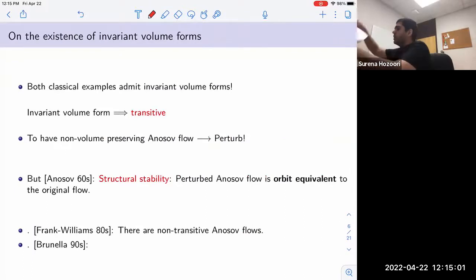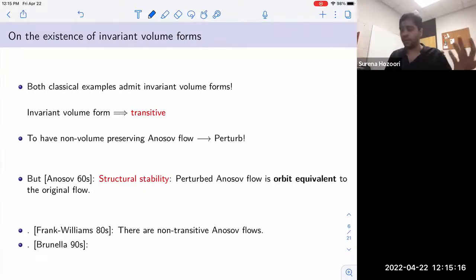So it turns out that the existence of an invariant volume form has some deep consequences on the flow. In order to see that, let's first start with the observation that both of the classical examples that I discussed have invariant volume forms by their natural construction.